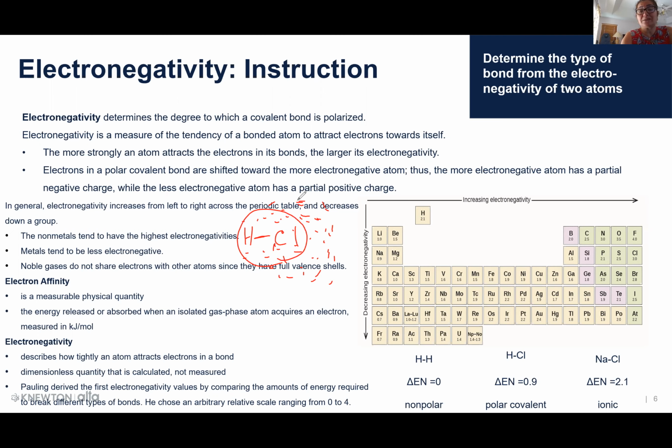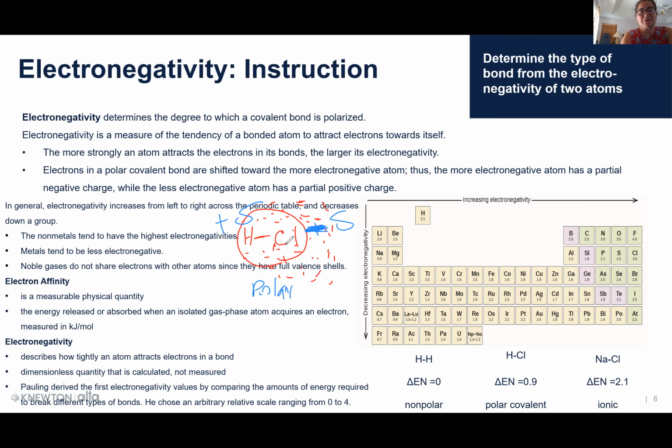That means we can give the symbol delta negative for chlorine because it's negatively charged, and delta positive for hydrogen that is positively charged. The electron distribution is not even. We have more electrons around chlorine, less around hydrogen. This bond is called a polar bond as well.